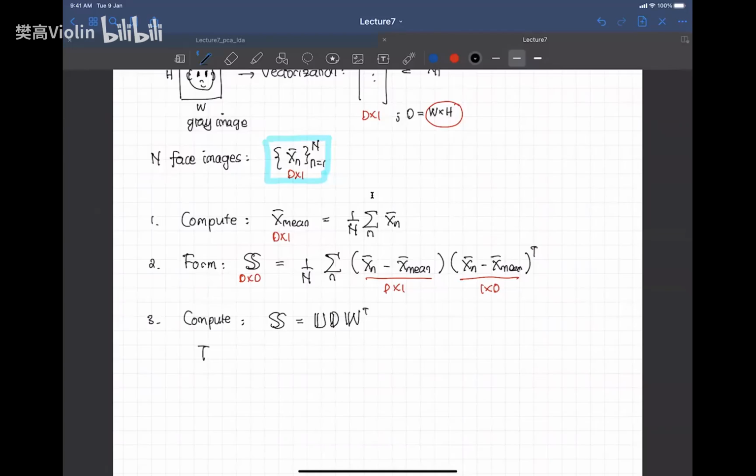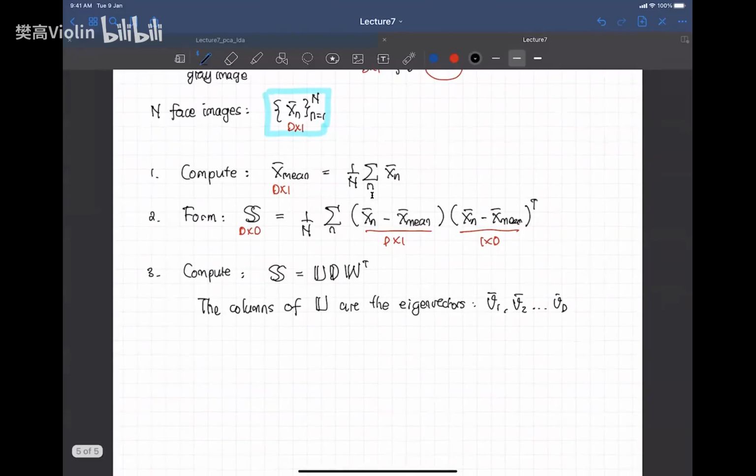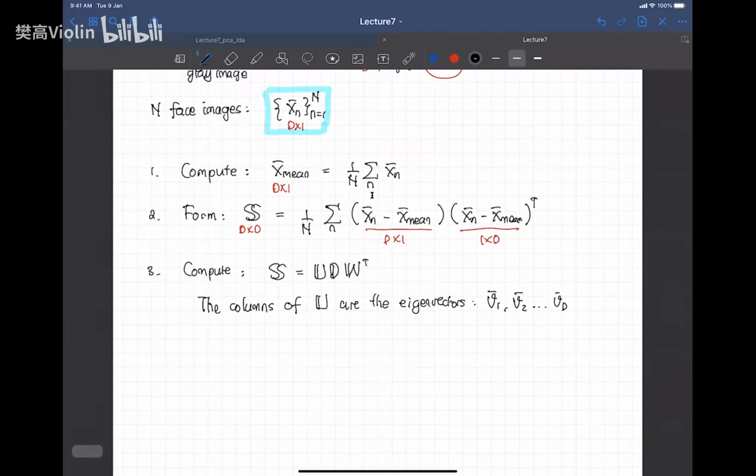As mentioned, the columns of U or the columns of W, the same thing, are the eigenvectors. Any questions here?